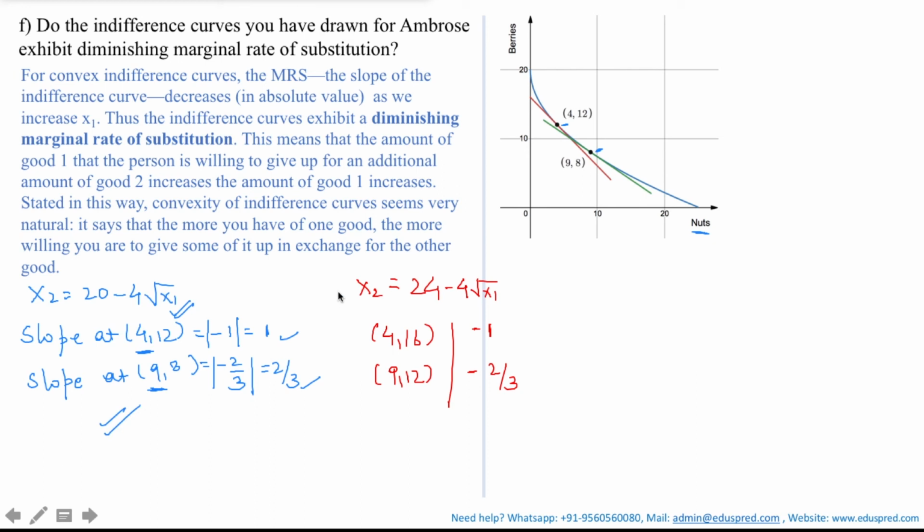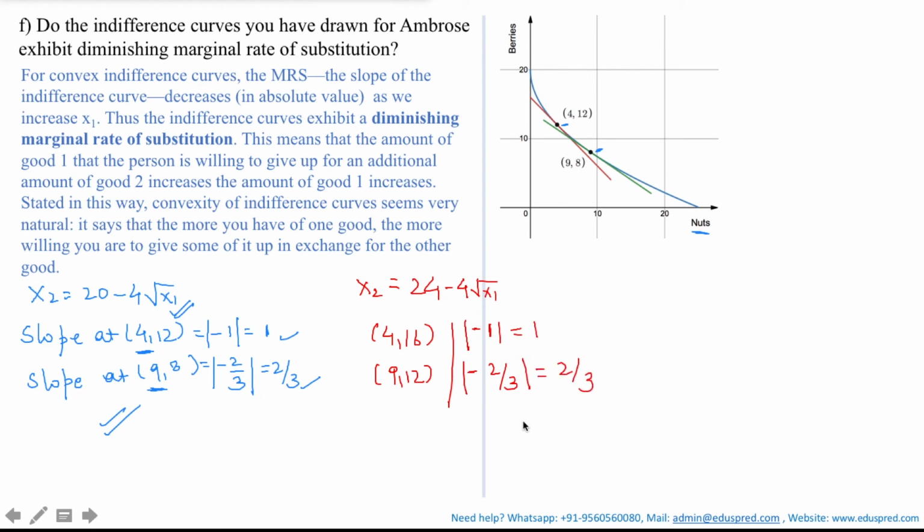Let's verify this for the other indifference curve as well, which had the equation x2 = 24 - 4√x1. Again, we have to take the absolute value of the slope, which gives 1 and 2/3.